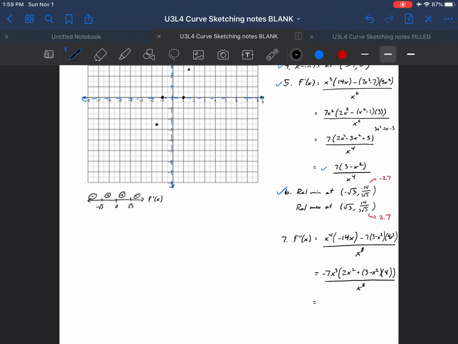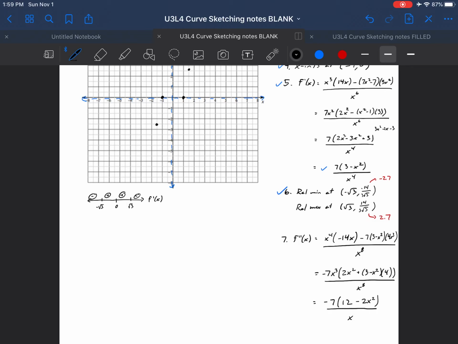Now, we'll clean it up a little bit. That's equal to negative 7 times 12 minus 2x squared over x to the 5th. Or, geez, one more. I think it's negative 14 times 6 minus x squared.